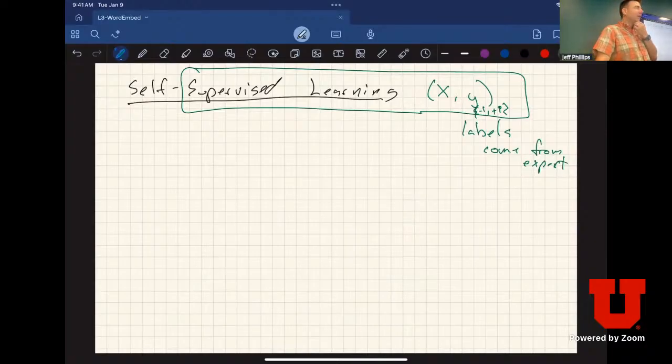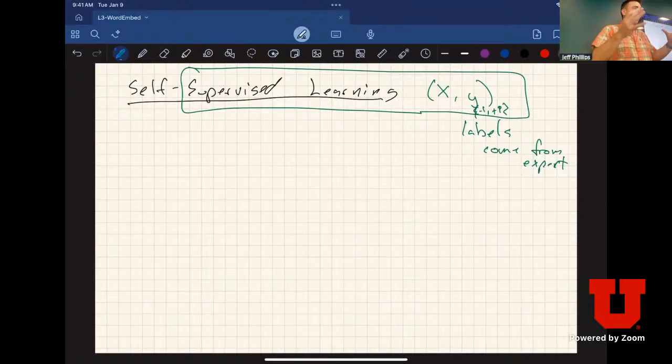I want to learn something, but I don't have labels saying that these two words are similar to each other. Maybe I have the source, but I don't want to use it. I want all words in the same context.